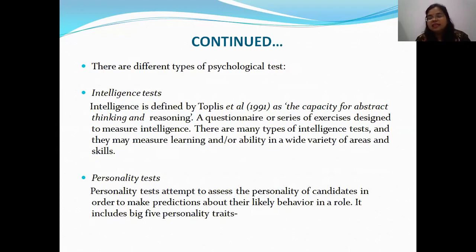Personality talks about the overall behavior, mental state, and other characteristics of the candidates. A personality test attempts to assess the personality of a candidate in order to make predictions about his or her likely behavior in a role.